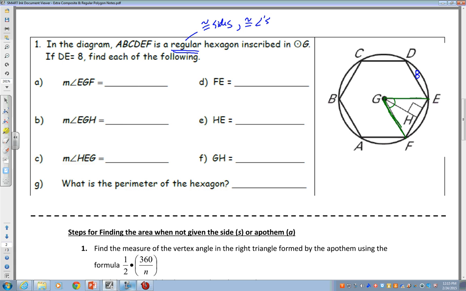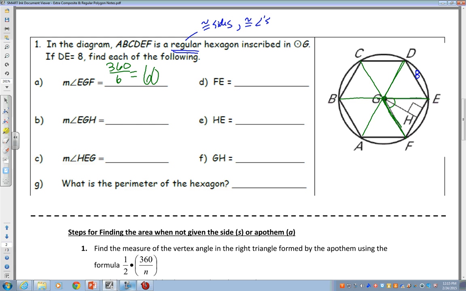Yeah, so he's right. If I connect the radii to all the vertices, y'all see how many triangles we would have in here? Total? Yeah, 6, right? So if you're going all the way around, to find the angle, 360 divided by 6.